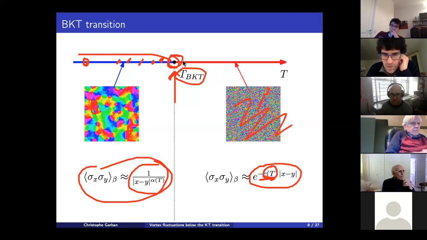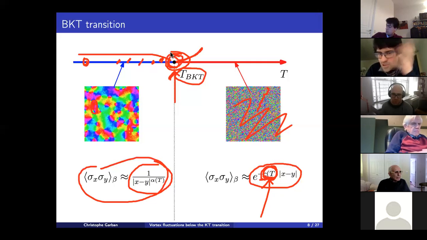I know that Tom in the audience is, which would be how CT behaves as a function of T near the phase transition, because CT would need to drop to 0 before going to the power-law decaying world. The way it behaves as T minus TC is interesting, probably related to the infinite-order phase transition, but I'm not very knowledgeable about the behavior of CT close to the transition. Far from the transition, it's very easy to get reasonable bounds on this constant C of T.